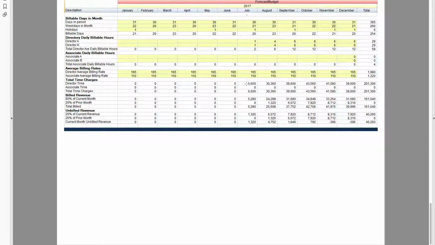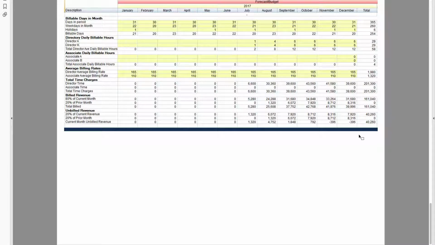So in this total time charge calculation, it's the number of billing days times the number of billable hours per day times the billing rate, which tells us in month 1 that the directors are going to provide $6,600 of billable time charges. In this model, I'm assuming that billable revenue will be 80% of that month's time charges, and the remaining 20% is billed in the subsequent month.